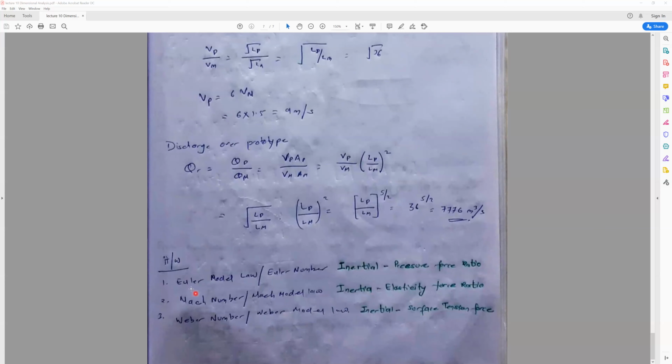The Euler number gives rise to the Euler model law, the Mach number gives the Mach model law, and the Weber number gives the Weber model law. This can be expressed as the Euler number of the model being equal to the Euler number of the prototype, and similarly it applies to all the other numbers as well.